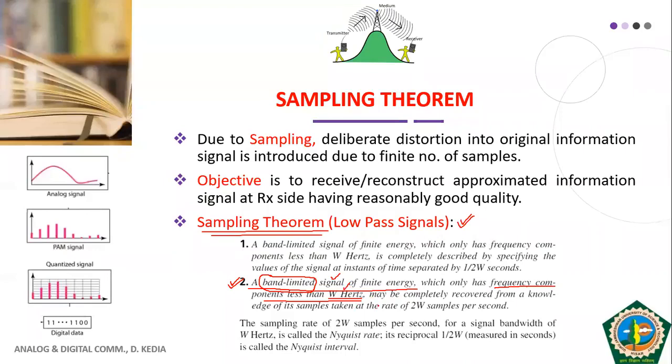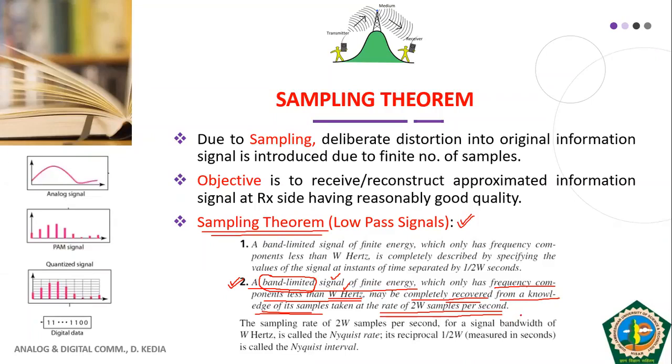In that case, such signal can be completely recovered, as I just told you, can be completely reconstructed. So such signal can be completely recovered from knowledge of its samples. Means we can reconstruct our original signal from its sampled signal, okay, if we take those samples at the rate of 2W samples per second.